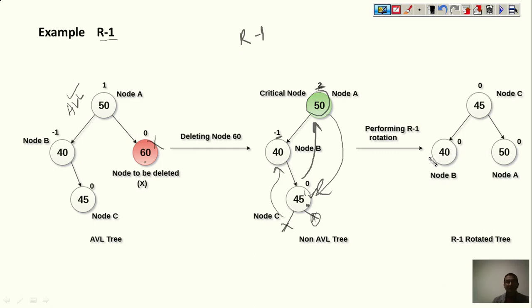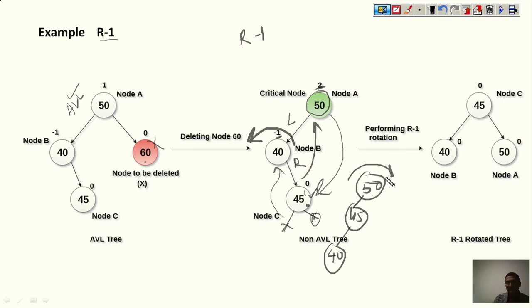Or what you can do, you can take this as an LR case, and in the LR case, what is required is you need to do the left rotation here. When you do the left rotation here, you will get something like this: 50, 45, and 40. This will go down, this will go up, and then you have to do the right rotation here.